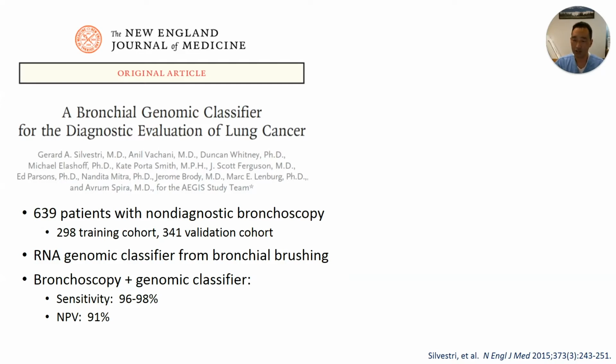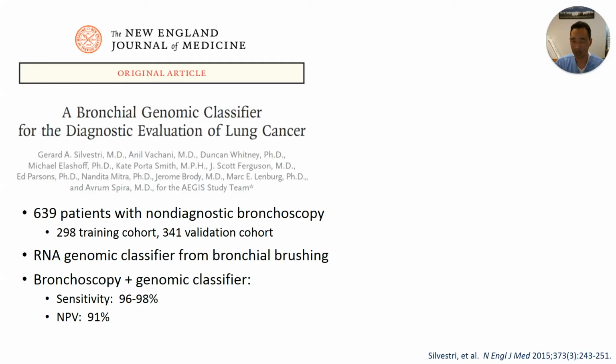Now, the idea of genomics is that if you have a lung nodule that perhaps is malignant, you may have downstream, more proximal changes in the airway genome that can be reflected. So if you can collect samples from perhaps the large mainstem bronchi that are not related to the lesion, but they may reflect some of the genomic changes that would reflect whether or not the peripheral lesion has cancer or not.